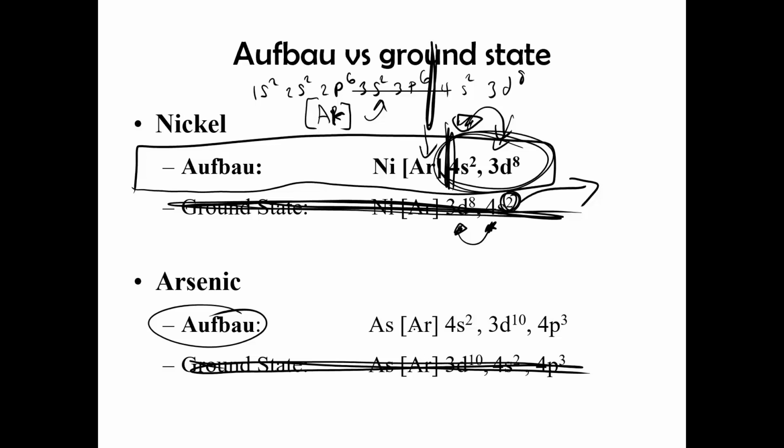All right? So then argon, once argon is filled, the 4s2 is filled, then the 3d, and then the 4p. And so the 3d is full, the 4s is full, and the 4p has 3 electrons in it. Okay, it's atomic number 33.